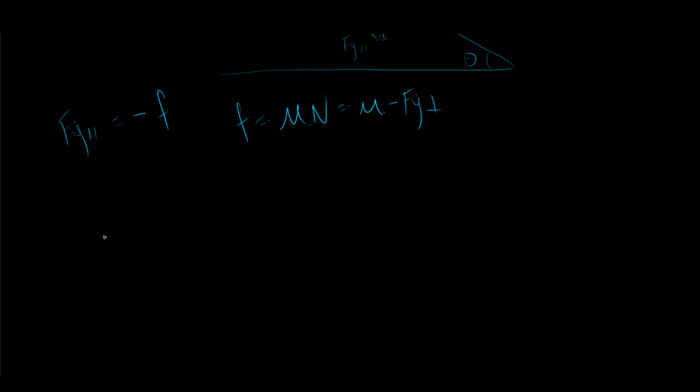Of course we know from earlier that this is going to be equal to mg cosine theta, right? So what we have here is that mg sine theta is equal to negative, and you know what, we write f is negative mu mg cosine theta, right?